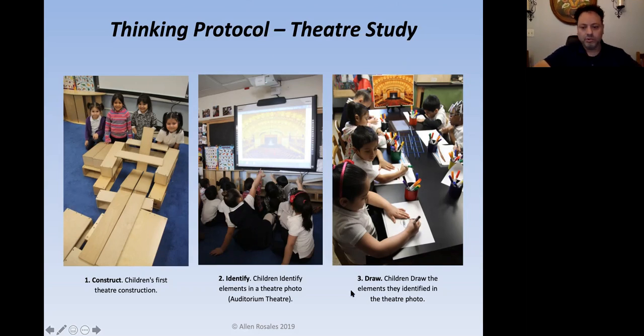And so the teacher wrote down what the children identified on a chart paper. And then afterwards, they went to draw a picture of the photo itself. You see the children with markers, drawing their photos. And as the children are experiencing these activities, the teacher's mathematizing, right?